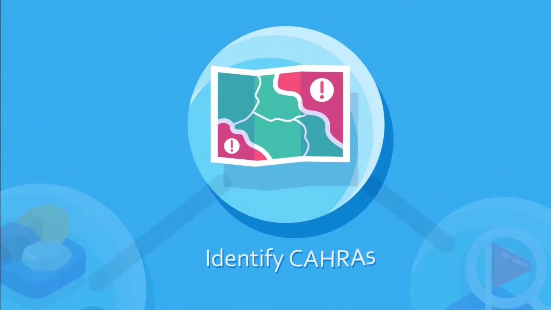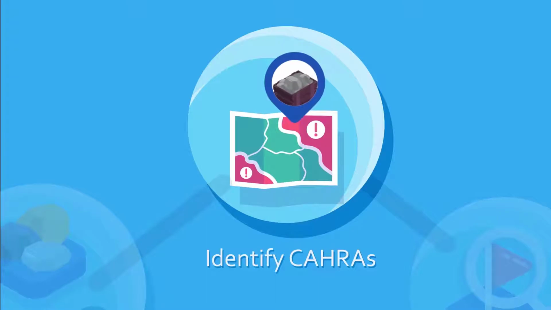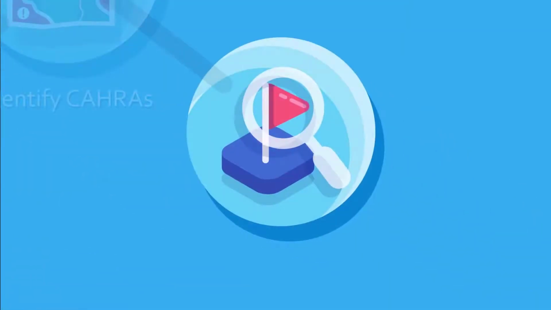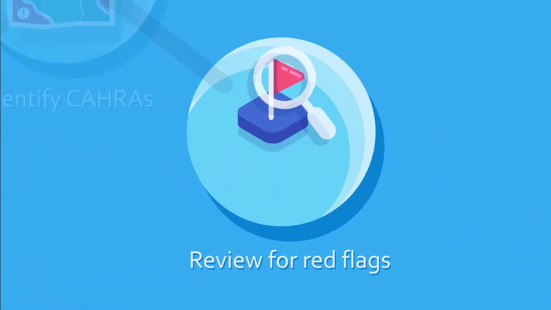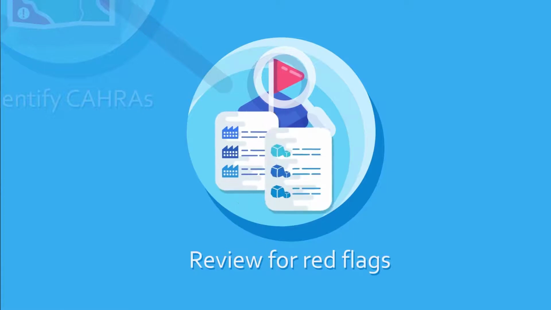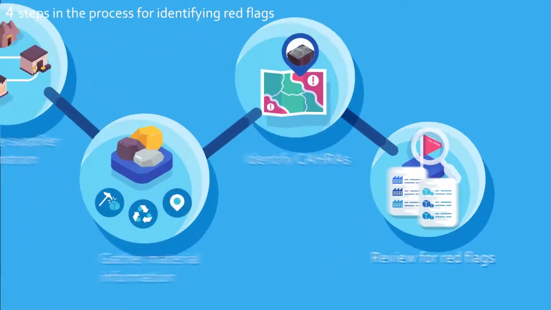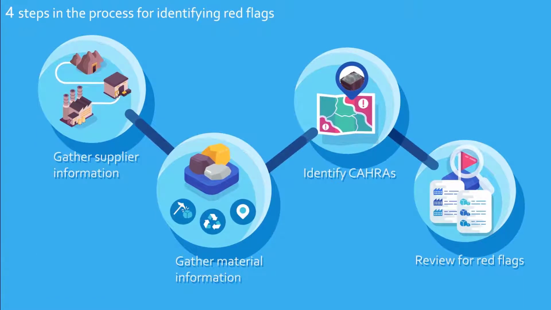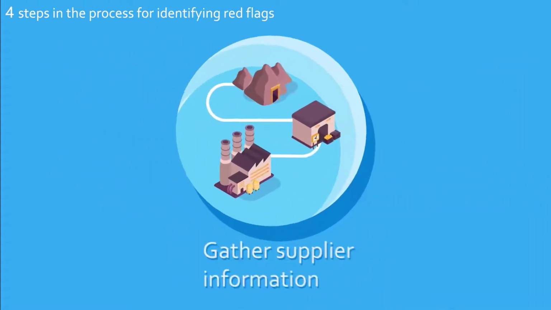Next, you need to check if your material or supplier has ties to a CAHRA. To do so, you'll first need to identify what you consider to be a CAHRA. Finally, compare the supplier and material information with the red flag definitions to see if there are any links to a CAHRA. Let's go through these 4 steps to see how your process should work.